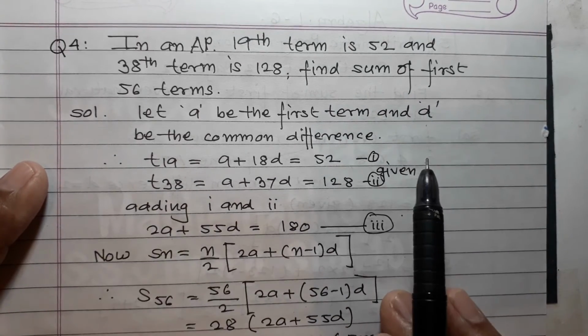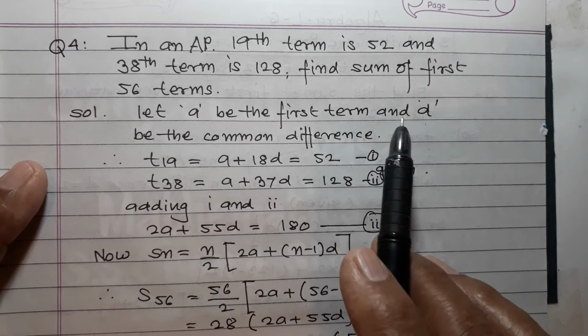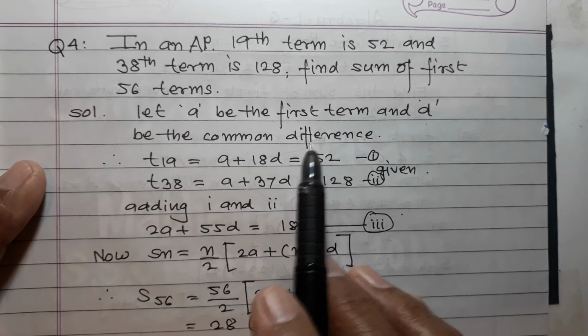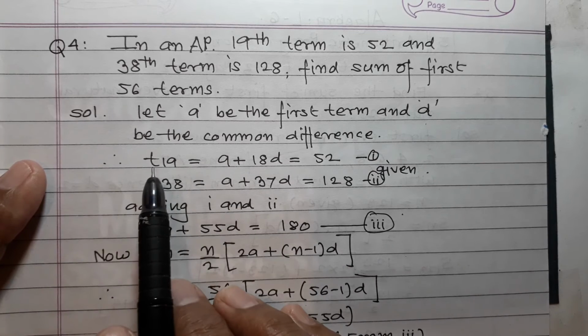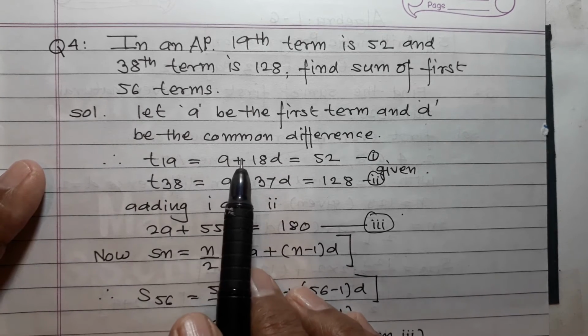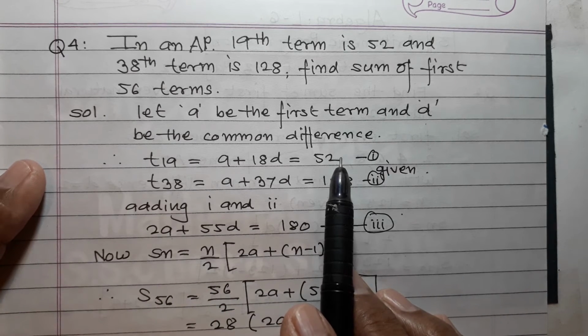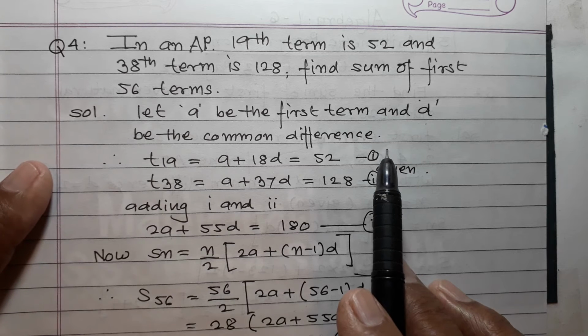Try to understand the solution. Let a be the first term and d be the common difference, and therefore T19 is equal to a plus 18d is equal to 52, given. Suppose this is equation number 1.